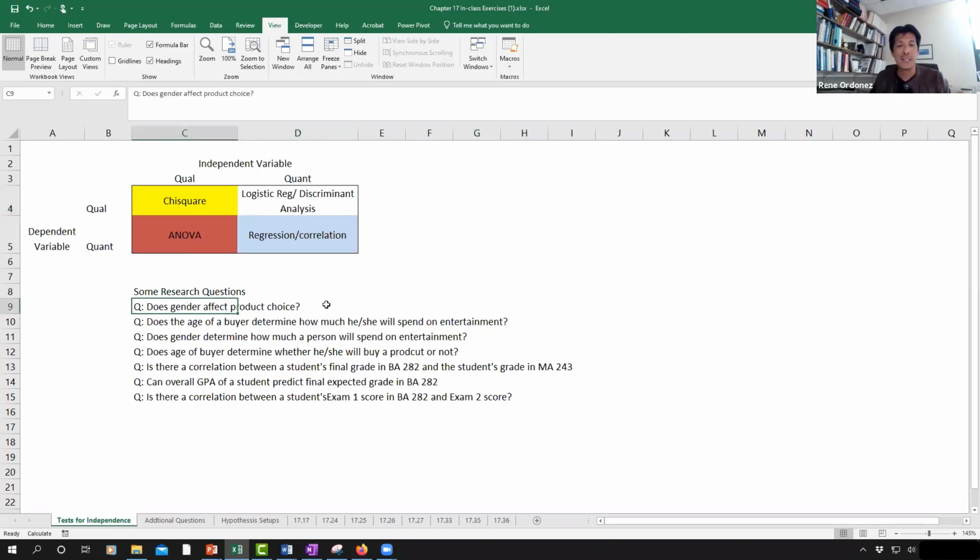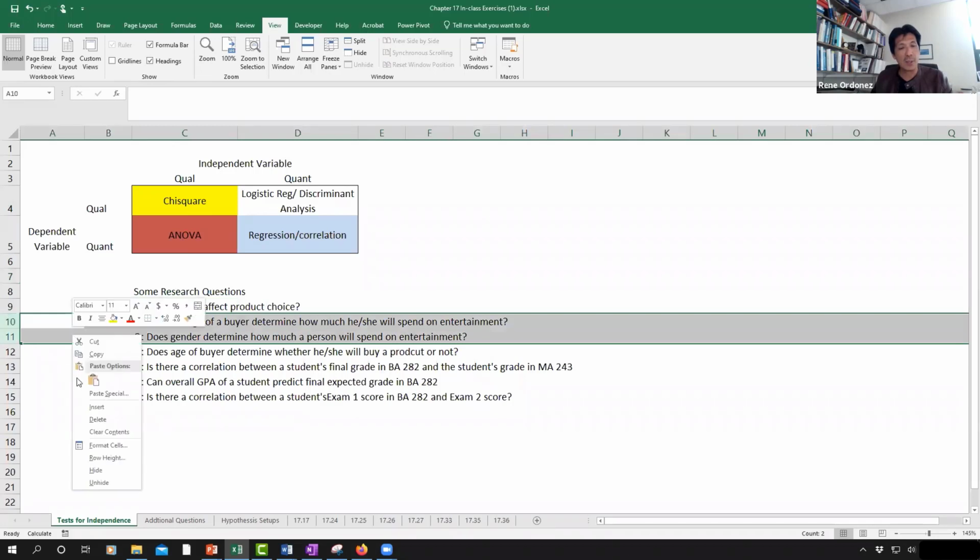For example, I think we've talked about this before. The question is, does gender affect product choice? In this question, you have two variables.